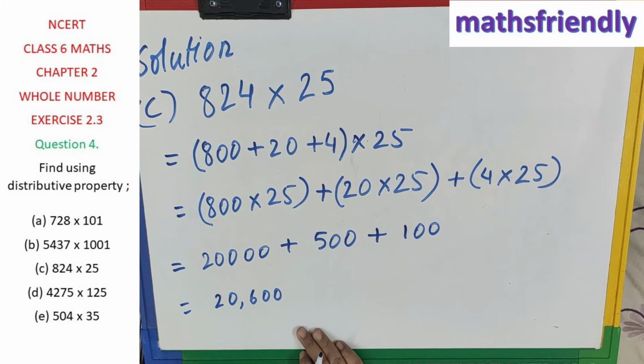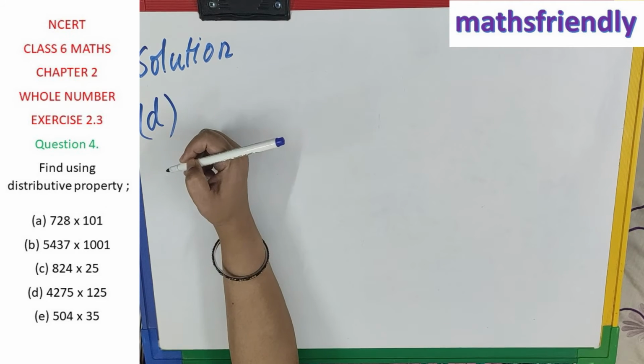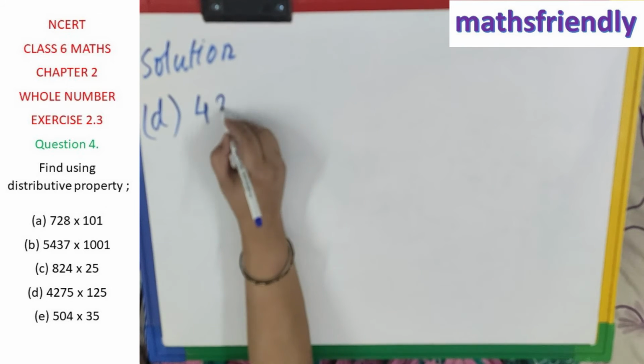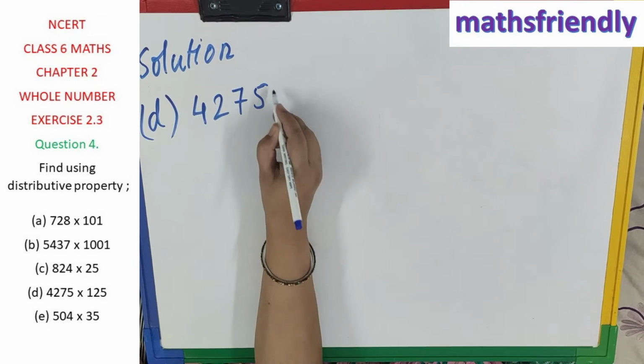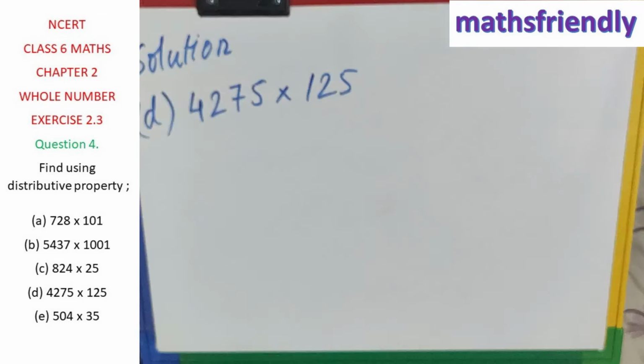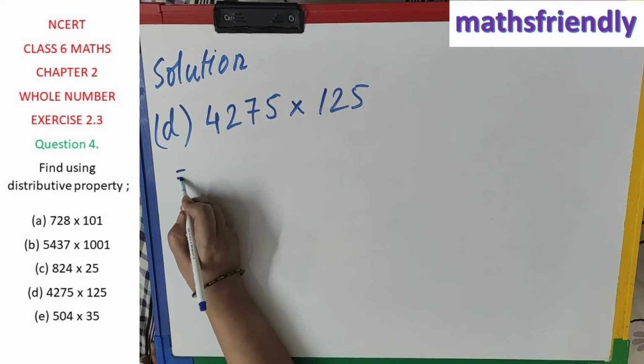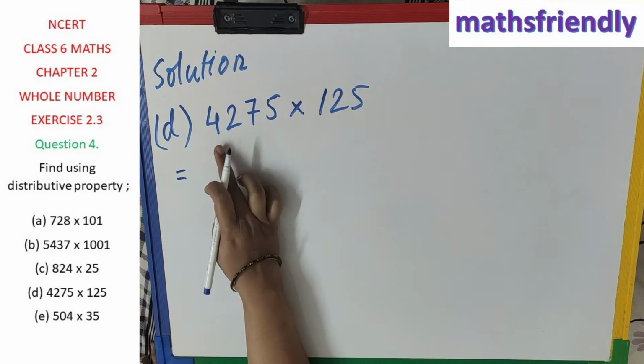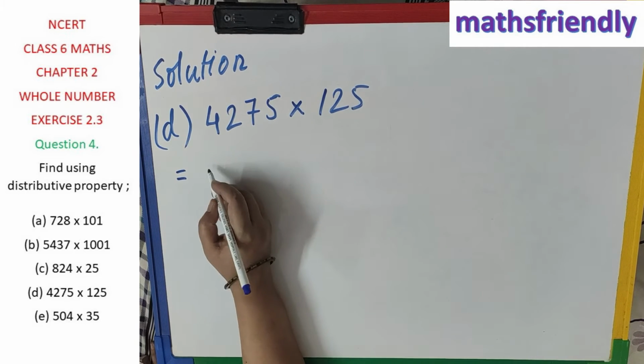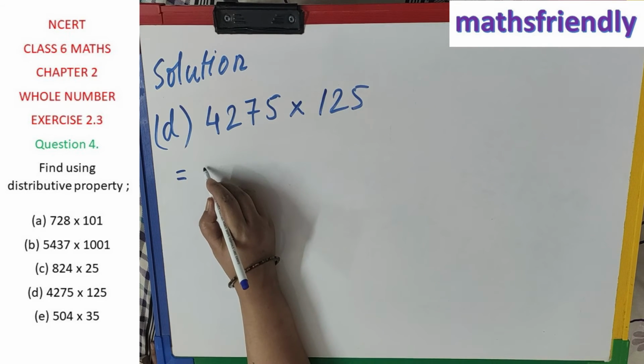Understood? Now let us come to D part. We have to find the product of these two numbers using the distributive property. So what we will do, we will distribute this big number as a sum of small numbers.